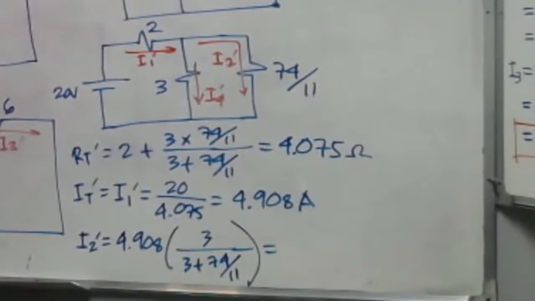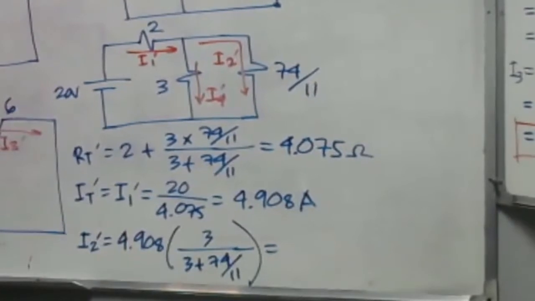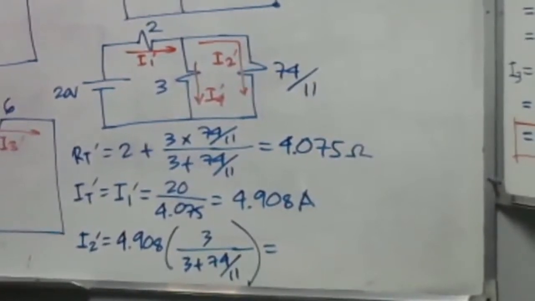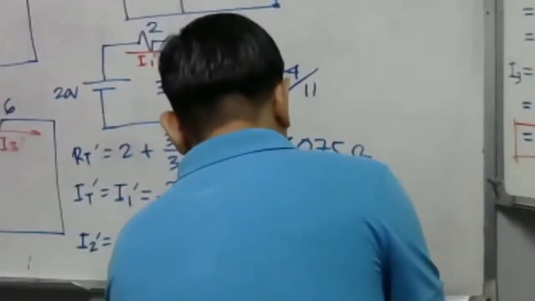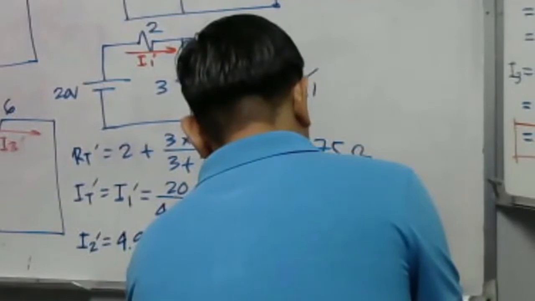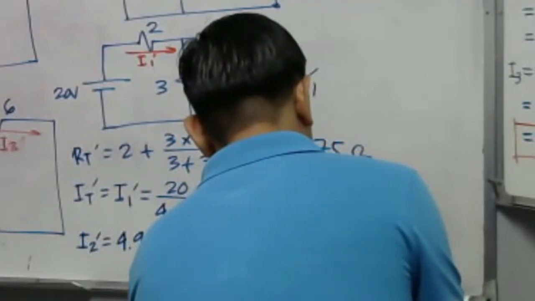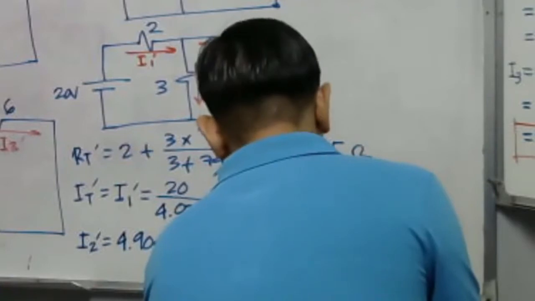We have 4.908 times 3, then divided by the sum of 3 plus 74 over 11. Okay? That is equal to, what's that value? We have 1.514 amperes.